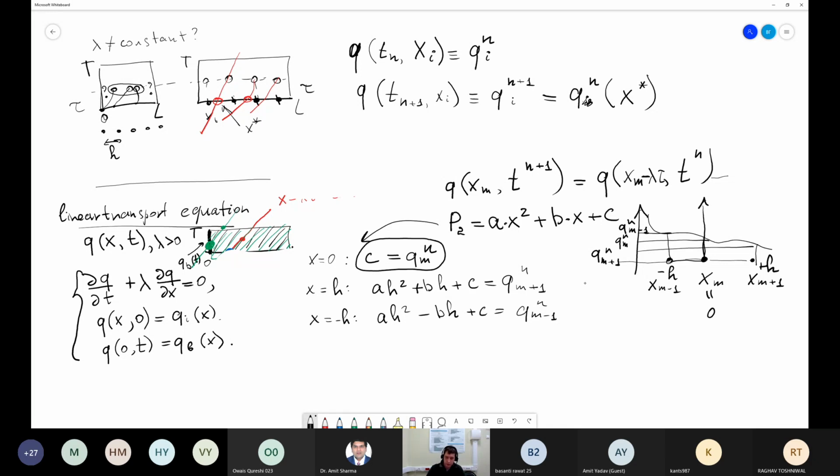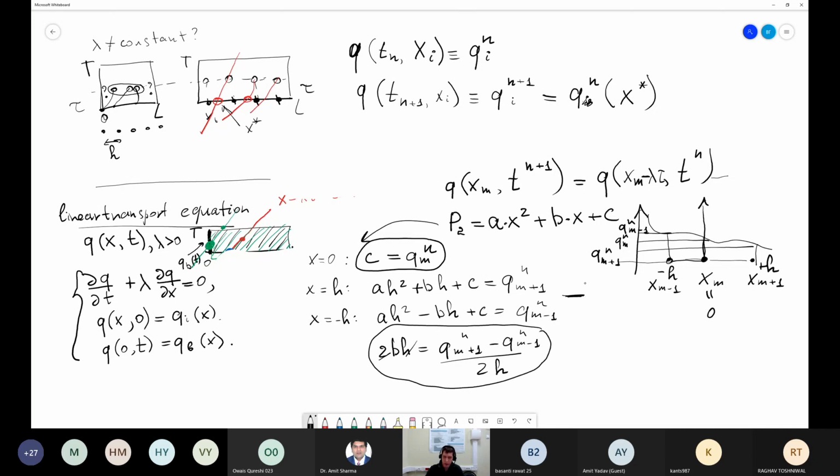Let's calculate: 2bh is equal to q m plus 1 n minus q m minus 1 n, so b is that divided by 2h. Great. This is the second coefficient.